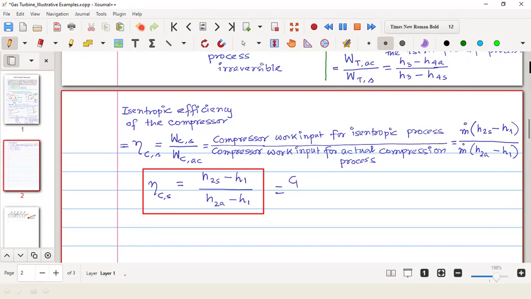So it is Cp during the compression. Since Cp values are different, we may write, therefore, Cp times delta T, here it will be T2S minus T1. This change in temperature multiplied by the specific heat.